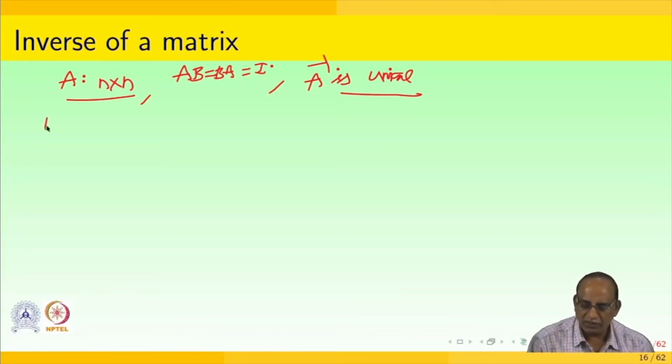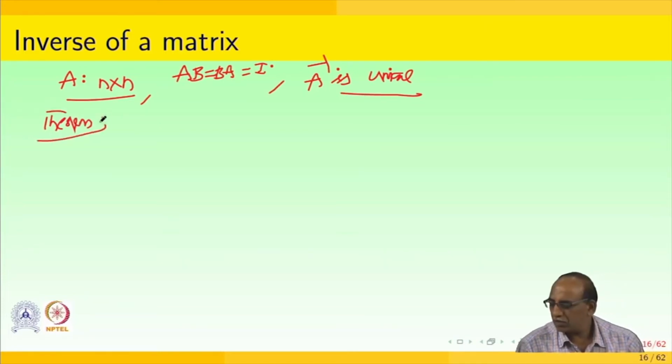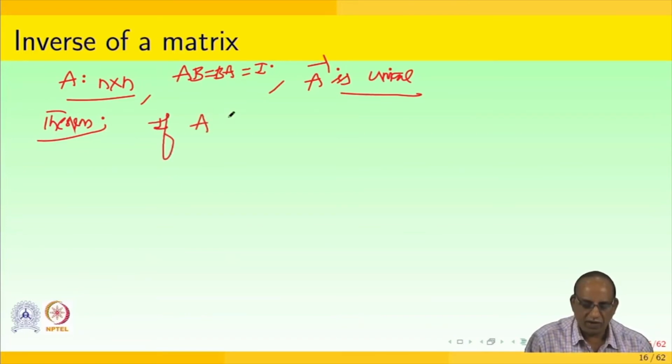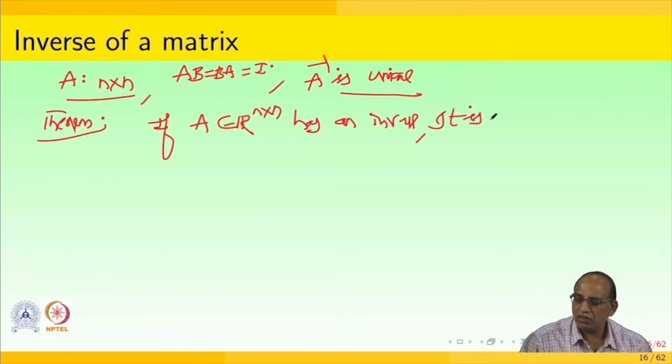So what this says is, if A is a matrix in R of n by n and has an inverse, it is called non-singular.